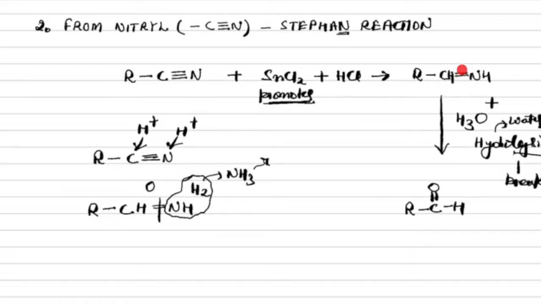And then to cut these double bonds, now to break these bonds, we did hydrolysis. We added water, we can say. And now what will happen is that these double bonds will be cut, and instead of that, they will be attached to oxygen. Oxygen will make a double bond with this carbon, and we got our favorite aldehyde. So we have prepared the second reaction.